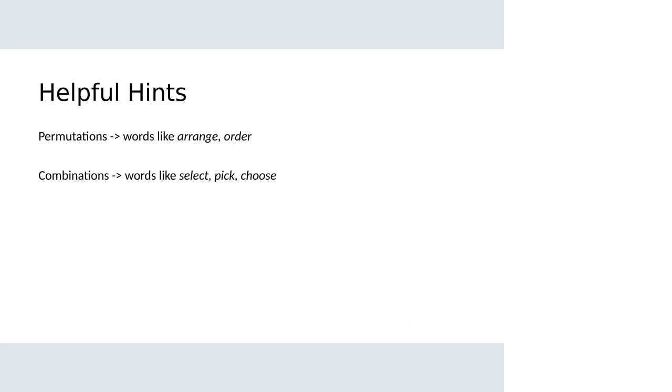One last thing I want to say is I mentioned that probably the toughest part of today will be deciding, is this problem a permutation or a combination? And some things that can kind of help you with that are some key words. These words might not always be in every problem. They will often. And I also have something else to say about that in just a second. But if words like arrange or order are in there, this is going to indicate to us that order matters.